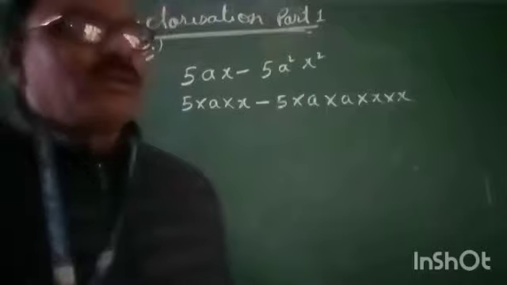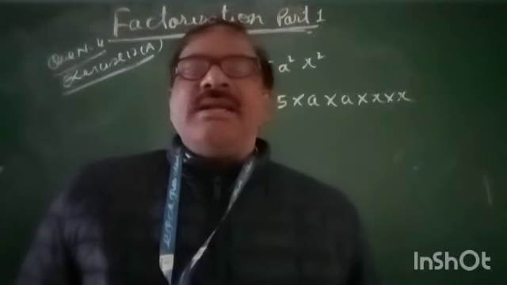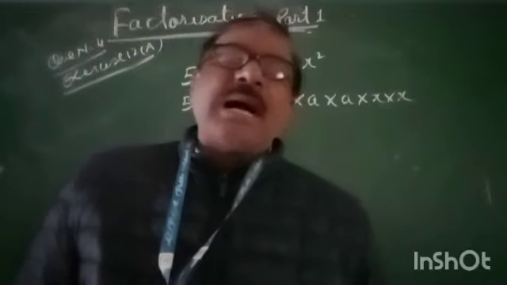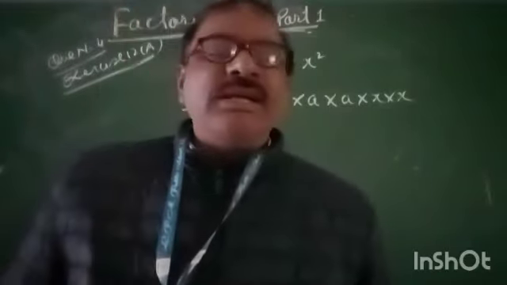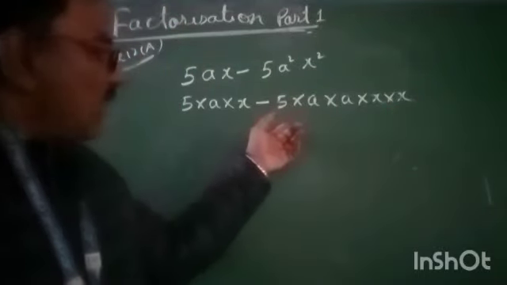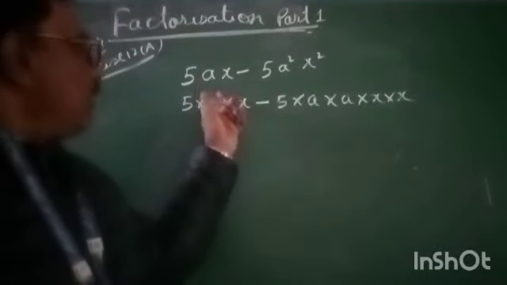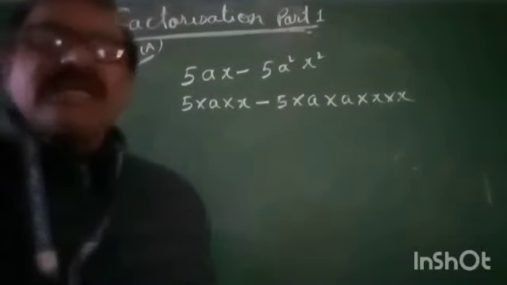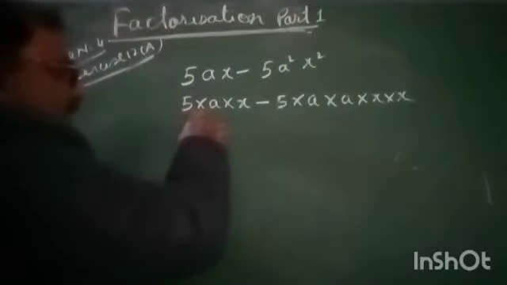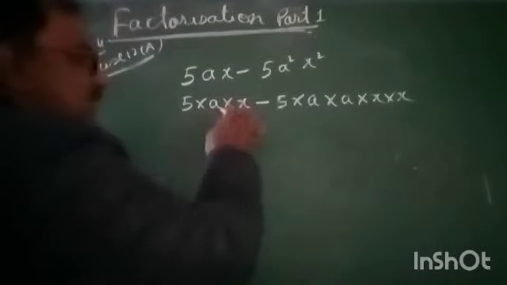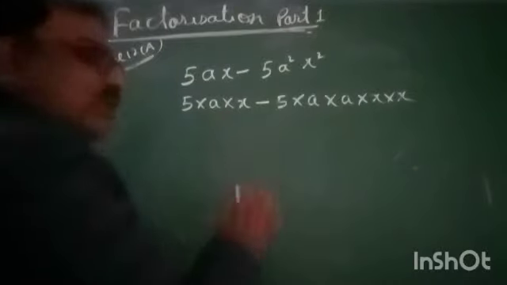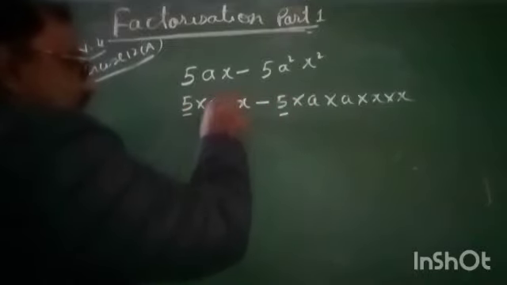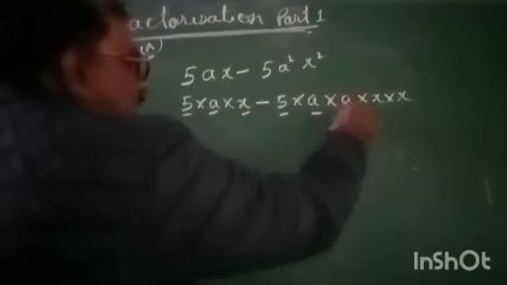Dear student, in the previous video you have already read about the greatest common factor. So here in these two terms, 5ax minus 5a square x square, the greatest common factor is 5ax because 5ax is in both the terms.